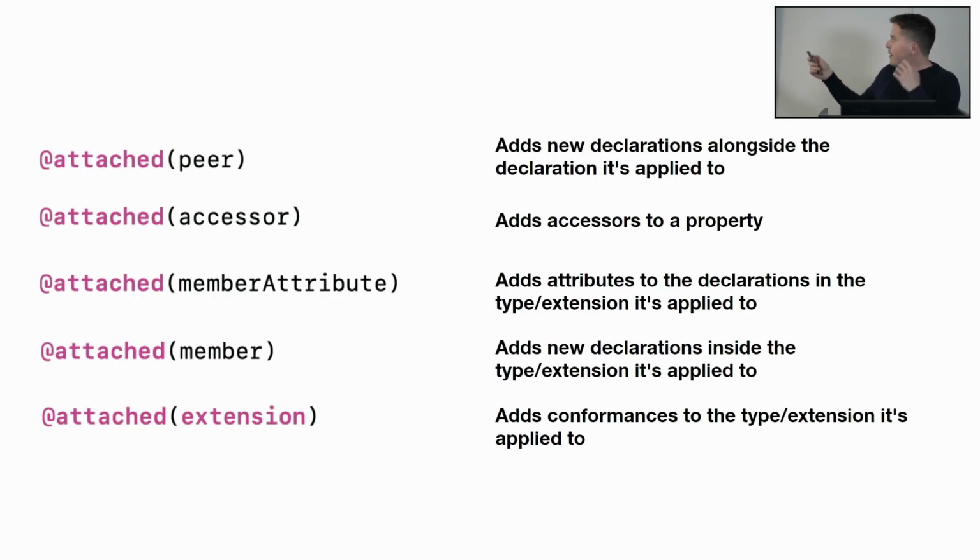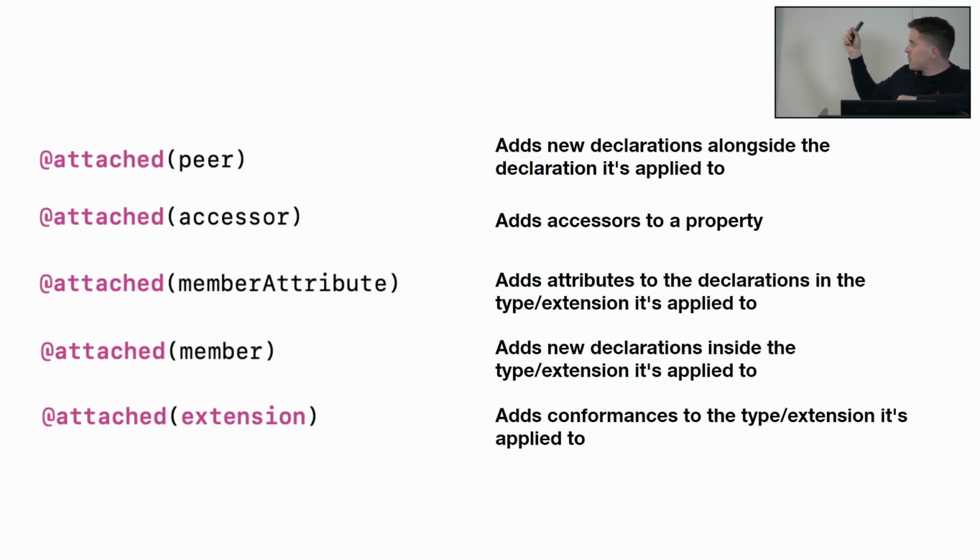And yeah, attached macros have a bit more different roles, but the names actually tell you everything about each role. So peer macros will always generate peers. If you attach a peer macro to a function, it will generate a function next to it, or a peer. And if you attach a peer macro to a type, then it is expected to generate a type next to it.